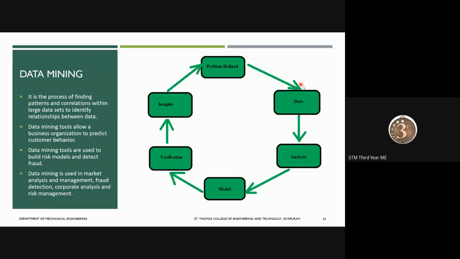So data is obtained and we are analyzing it. A problem is defined, and for that solution we have to obtain data from the data warehouse. From that data, we are analyzing it, and then we are creating a model.